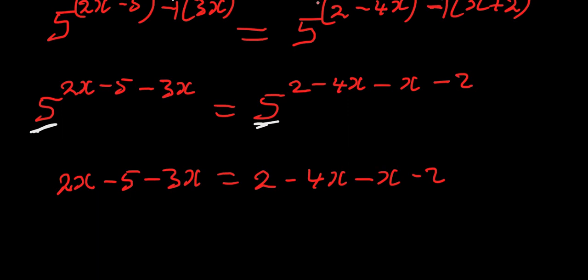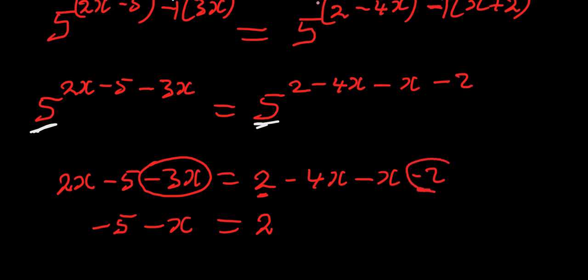You see you have a negative 3x here. So 2x minus 3x is going to give us negative x. So this becomes negative 5 minus x, equal to we have 2, this 2 here, and also we have negative 2. So you can just shift it down to this point.